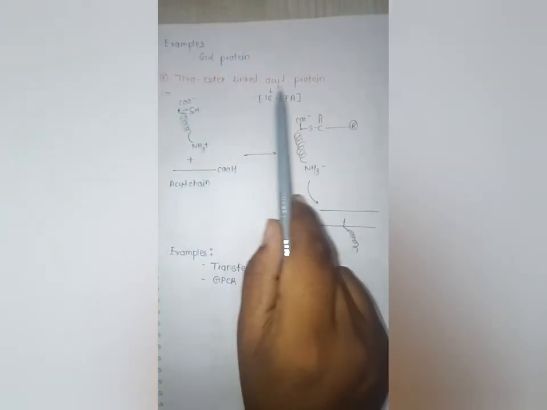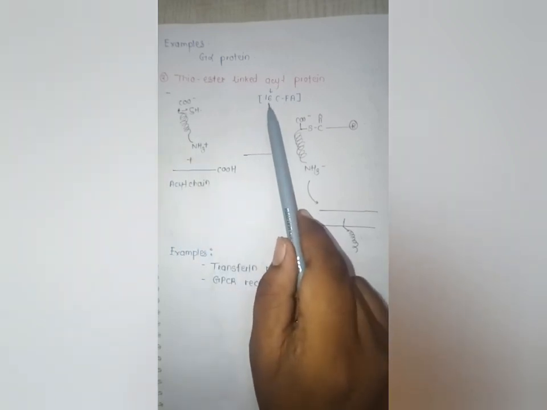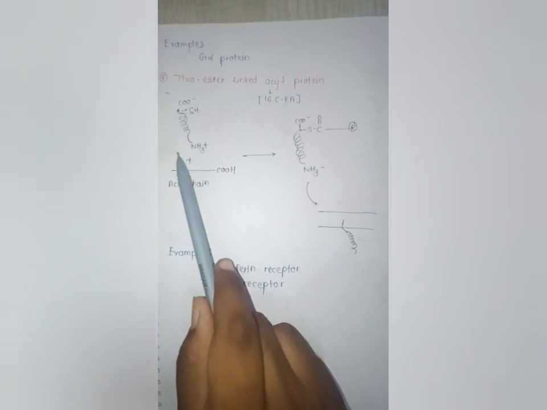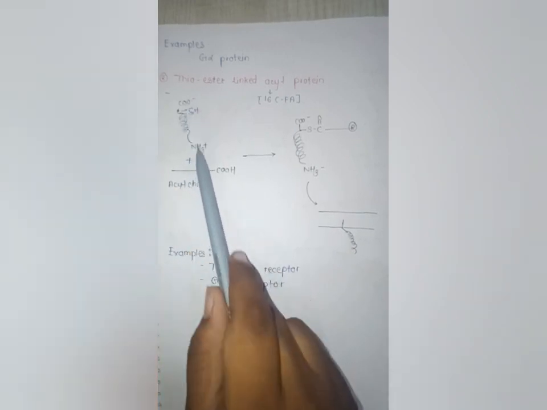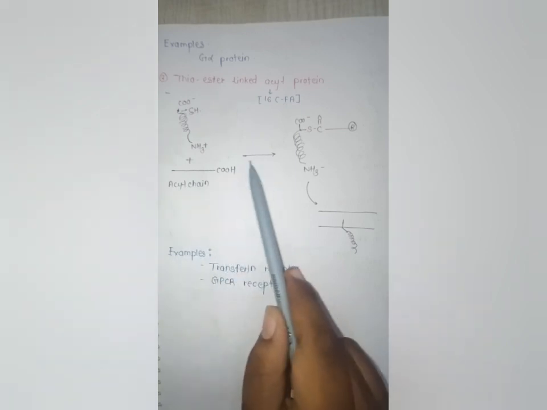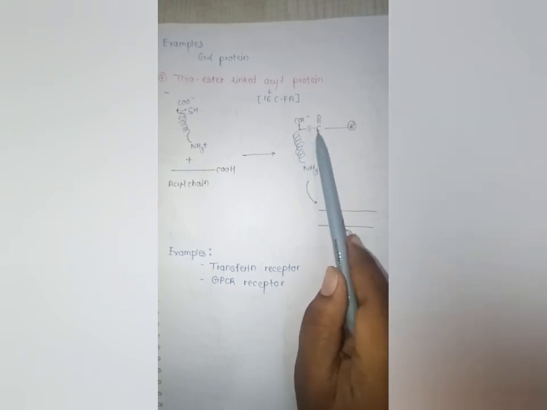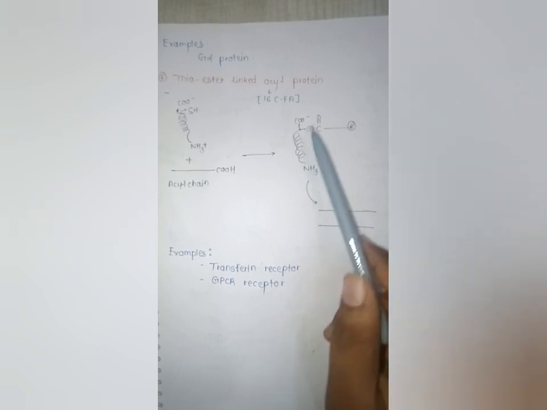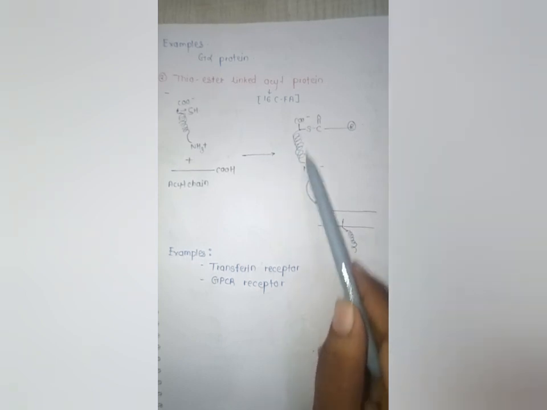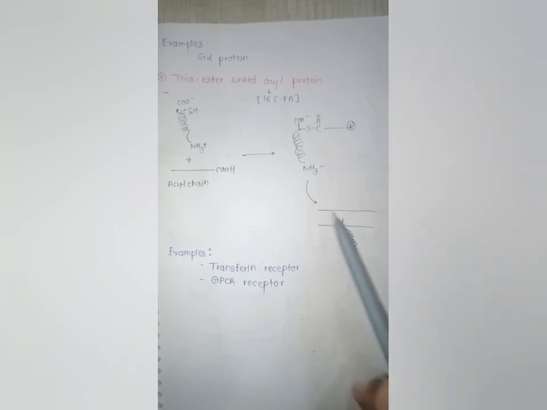Second one is thioester linked acyl protein. Acyl is a 16 carbon fatty acid chain. As we see, this is the protein which has a carboxyl terminal and then amino terminal, and this is the acyl chain which has a COOH group at the end. Then it forms a sulfur carbon bond, or thioester bond, and the CO terminal end and NH3 plus terminal are free.